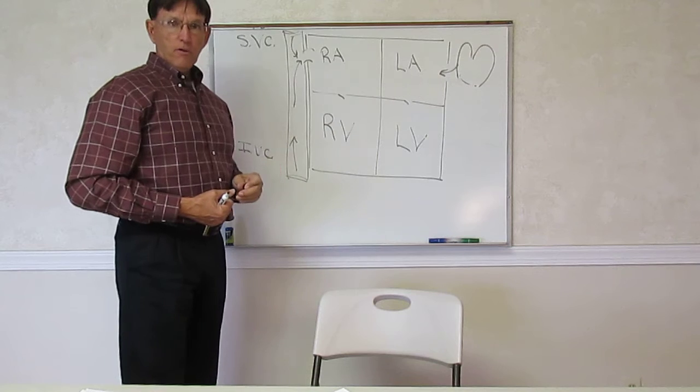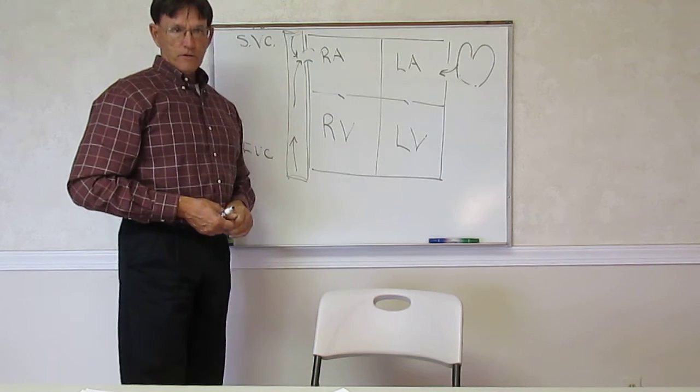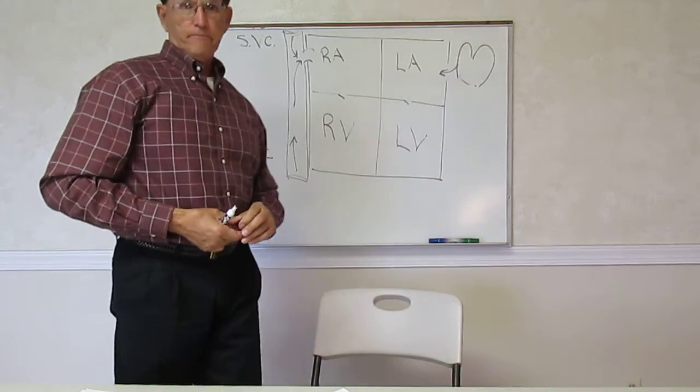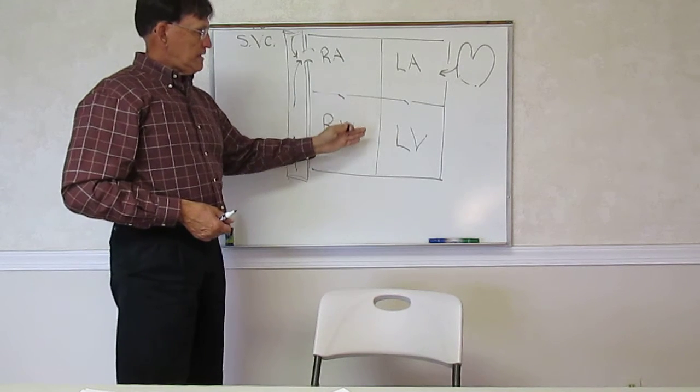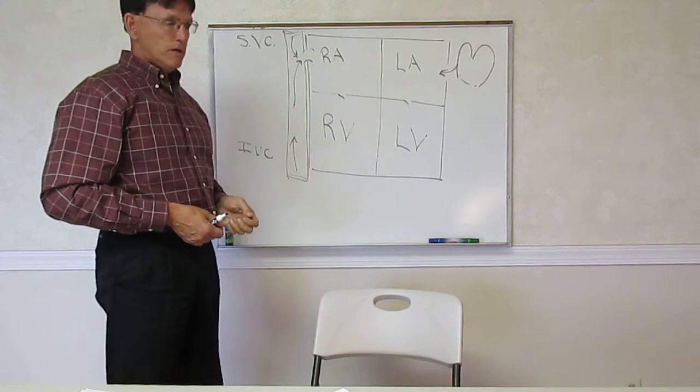Immediately prior to the blood flowing into those chambers, the blood in the lower chambers was expelled from the heart. So as the upper chambers are relaxing, the lower chambers are contracting, and we'll follow that through.